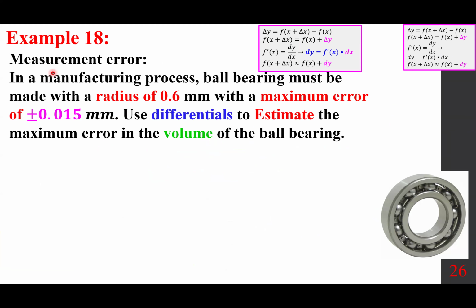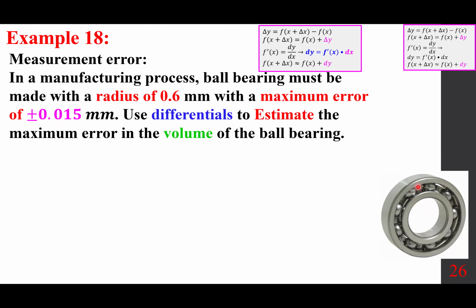Measurement error. In a manufacturing process, a ball bearing must be made with a radius of 0.6 millimeters, with a maximum error of plus or minus 0.015 millimeters. Use differentials to estimate the maximum error in the volume. So here's the ball bearing.